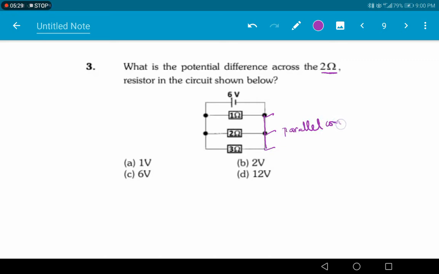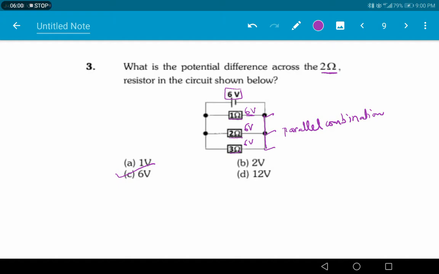In parallel combination of resistors, we know the basic rule: across each resistor the potential difference will be same, that is equal to the EMF of the cell. Therefore the answer will be 6 volt. If they ask the potential difference across the 1 ohm, 2 ohm, 3 ohm, across each resistor the potential difference will be 6 volt itself.